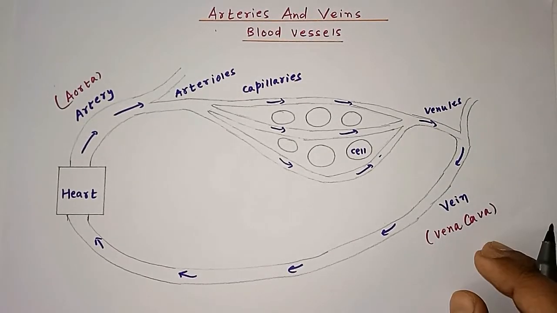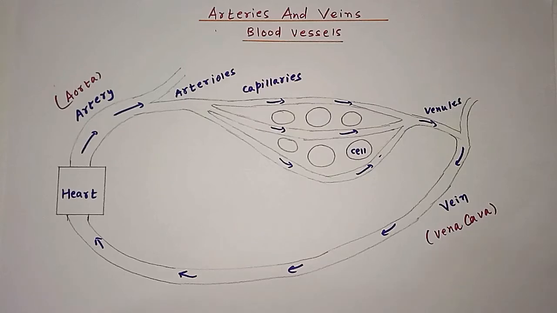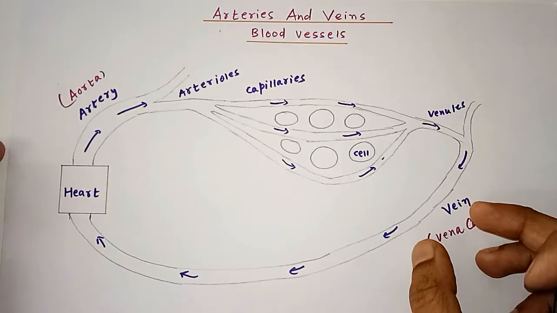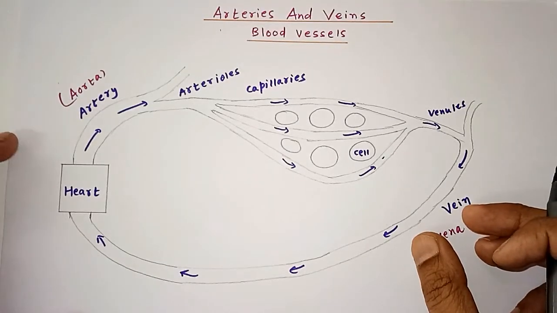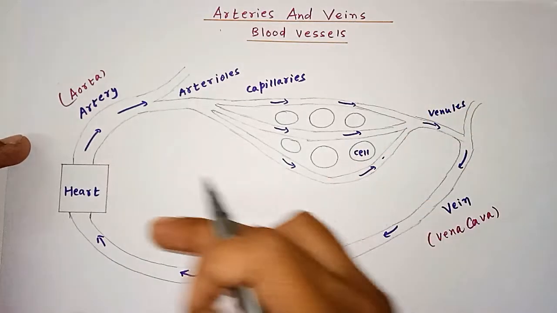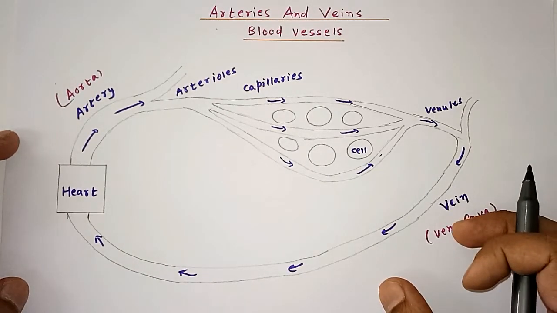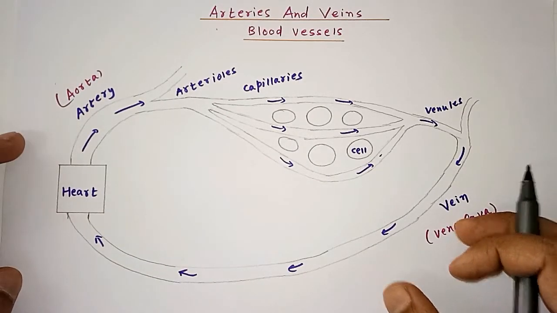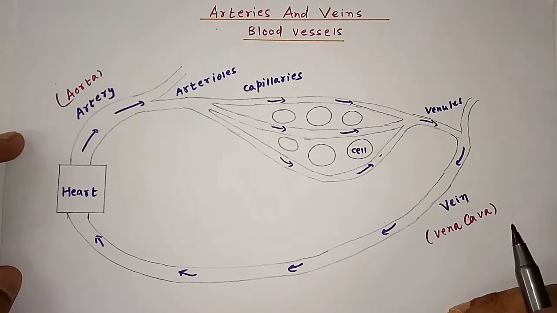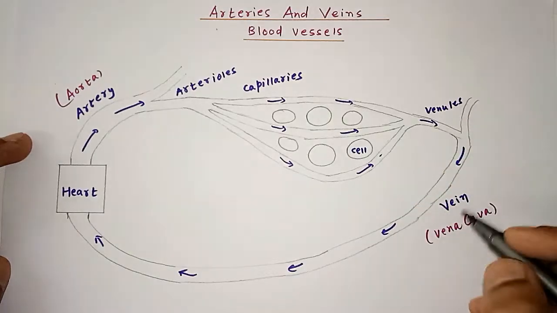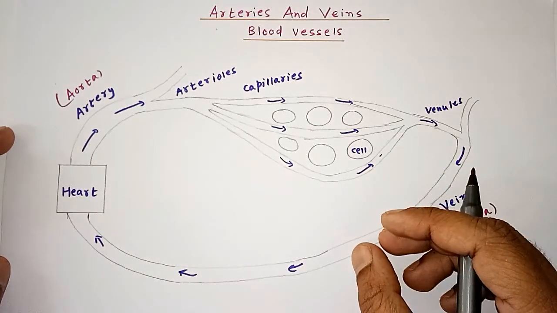They are of course divided into two parts, superior vena cava and inferior vena cava. So the vein that collects the blood from the upper part of the body and finally brings it to the heart is called the superior vena cava, and the vein that collects the blood from the bottom part of the body below the heart to the heart is called the inferior vena cava.